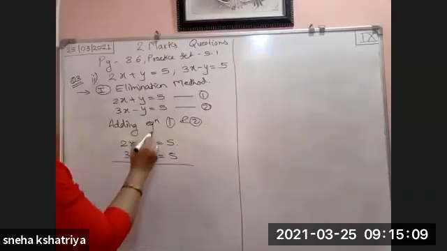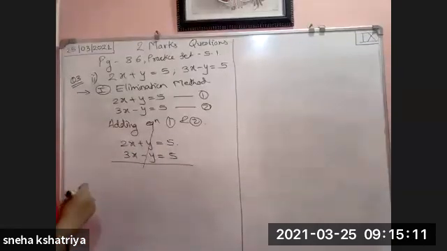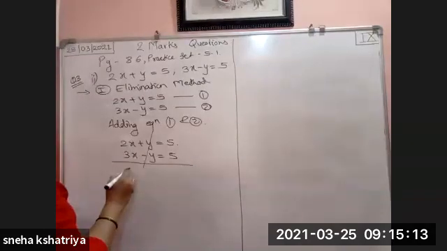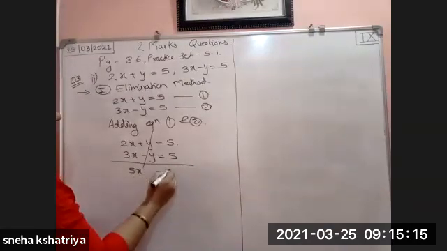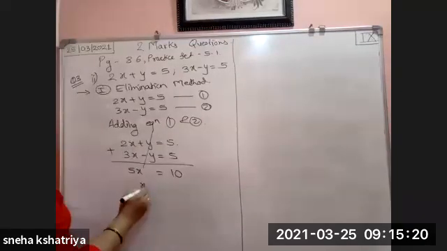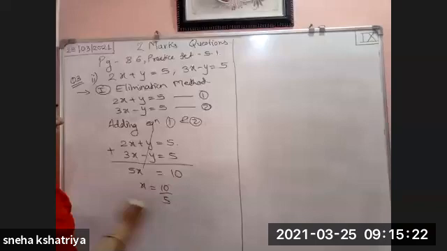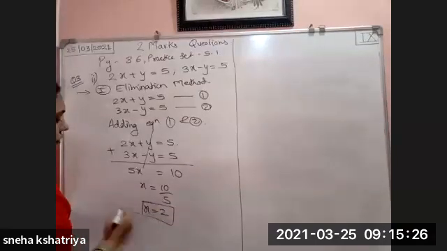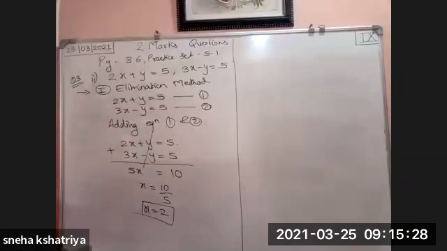After addition, plus y minus y get cancelled. 2x plus 3x becomes 5x, which is equal to 5 plus 5, which is 10. Very simple example. x is equal to 10 divided by 5, which implies x is equal to 2, because 5 twos are 10.